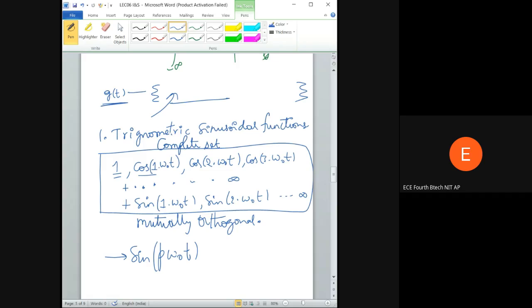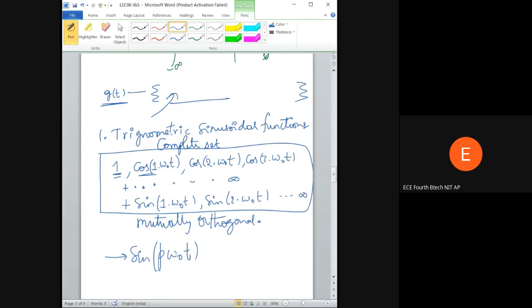Let me do it. Sine p omega naught t multiplied with 1, integrated from minus infinity to plus infinity, gives 0 because the positive area and negative area cancel. Now sine p omega naught t multiplied with cos omega naught t: 2 sine a cos b equals sine a plus b plus sine a minus b.